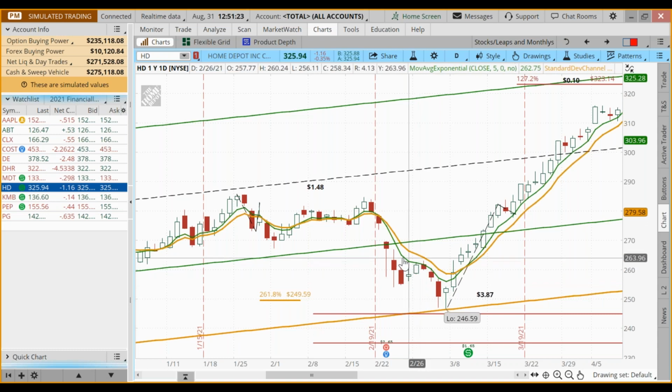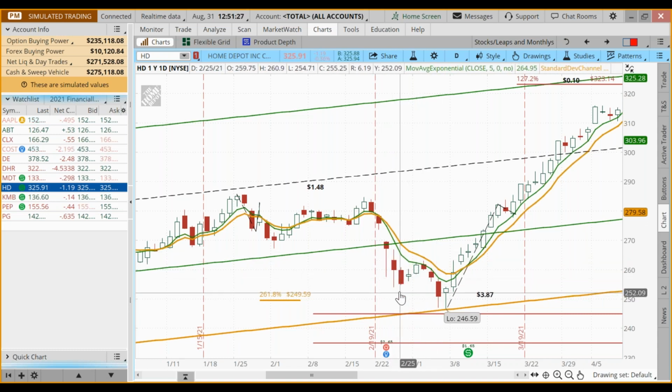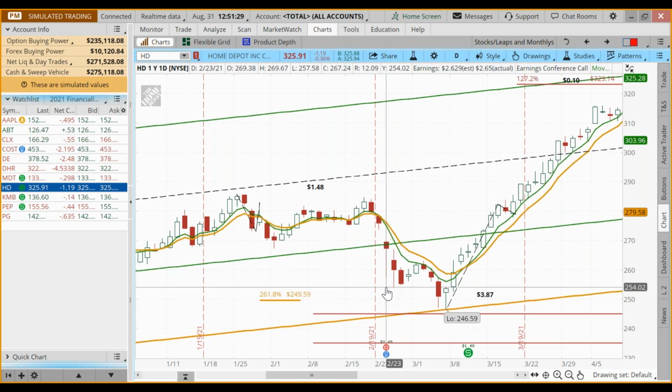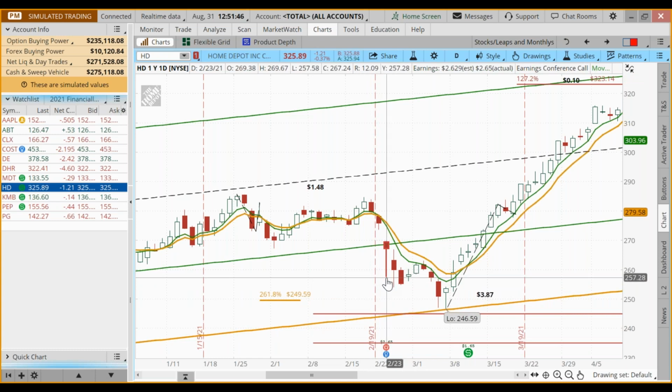And this trade was a yikes. I looked at this when it had earnings. I said, well, okay, I didn't adhere to my own teachings. So now what am I going to do? Well, it's close to the -2. All right, I'm going to let it go to the -2.